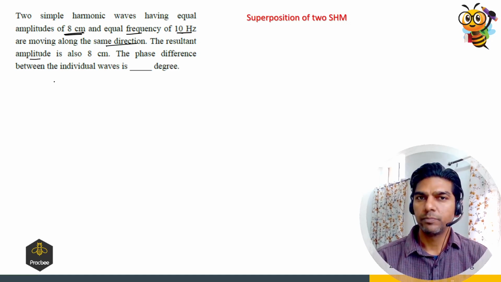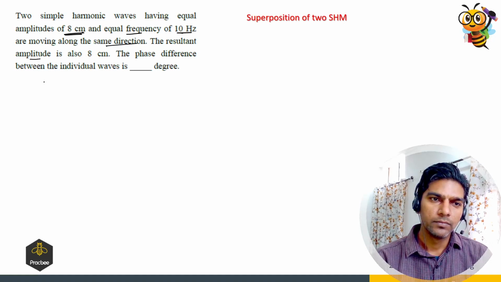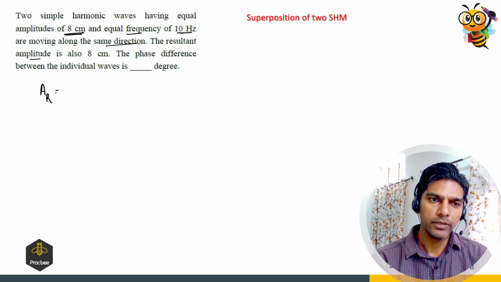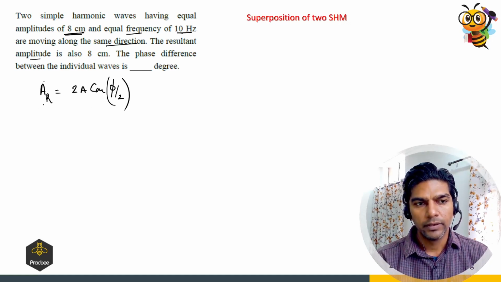So here you can simply use the superposition. If both have the same amplitude, then the resultant amplitude will be given as 2a cos phi by 2. I have used the resultant formula only, and this resultant amplitude is given as 8 cm. So 2 times, and this is also 8 cm, cos phi by 2.